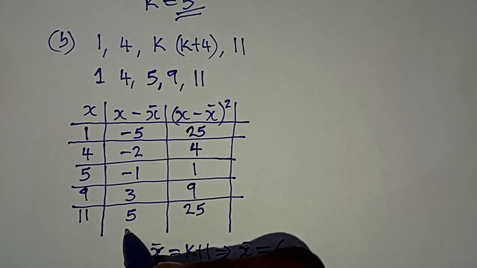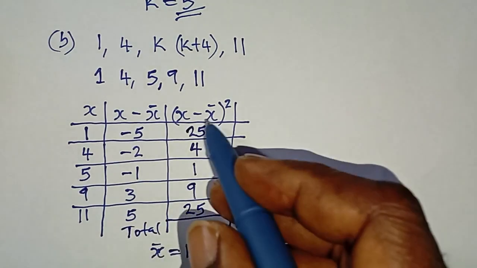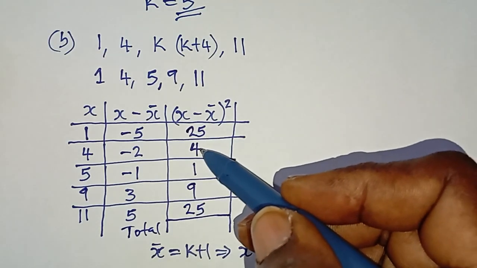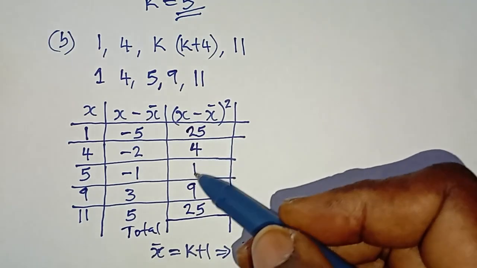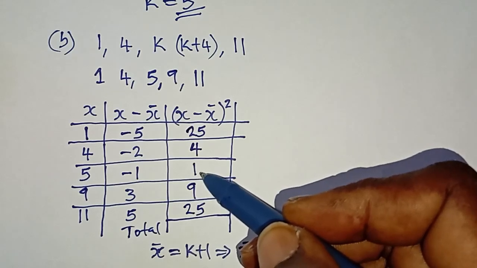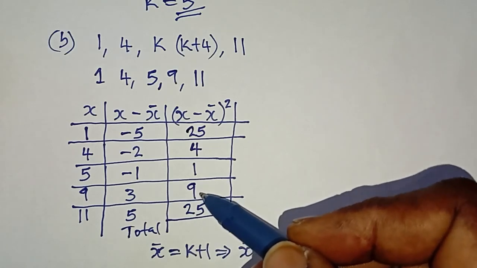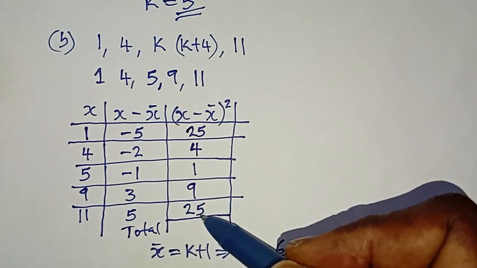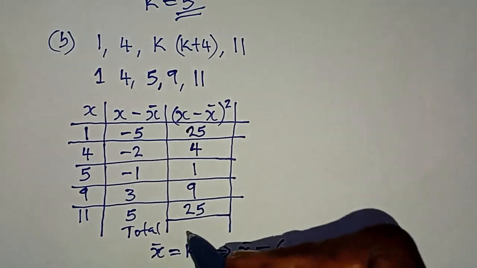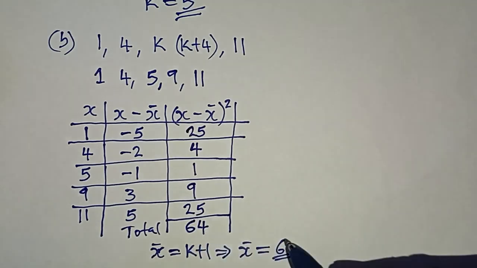So if we look for the total of this part now, 25 plus 4 is 29, plus 1 is 30. 30 plus 9 is 39. And 39 plus 25 will give us 64. So I have this sum here as 64.